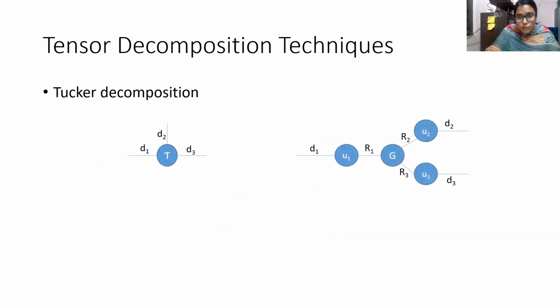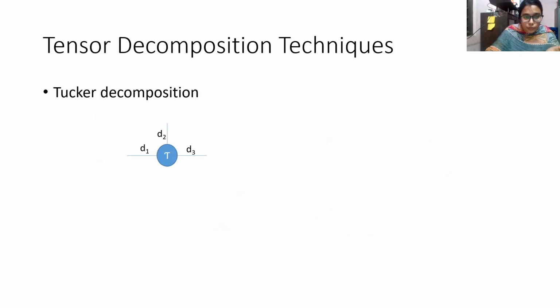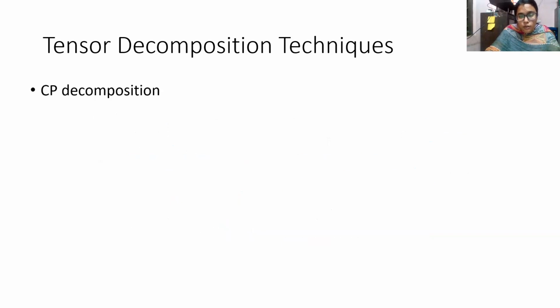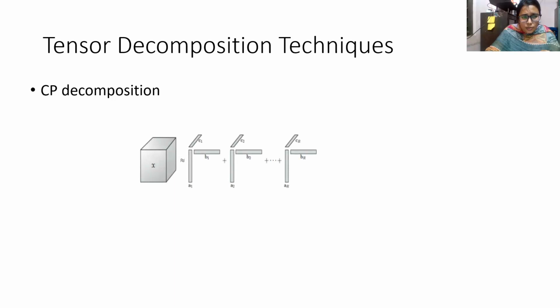Here is another representation: you can also represent the previous tensor in graphical notation like this. It's the same calculation. Now we'll discuss CP decomposition.